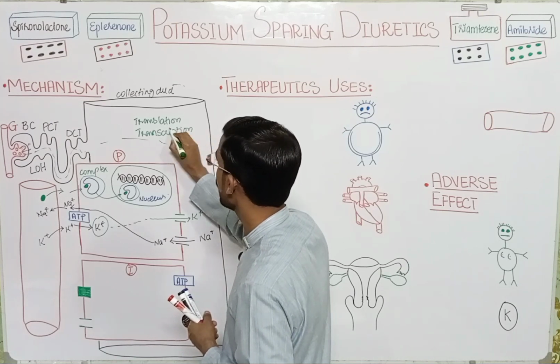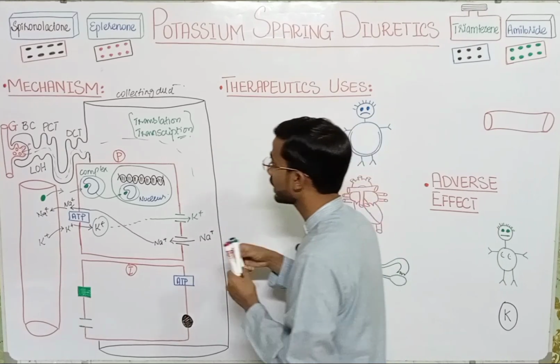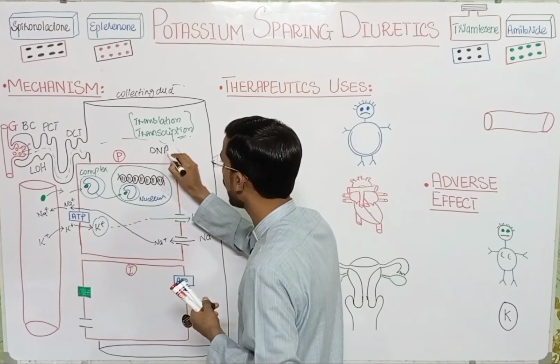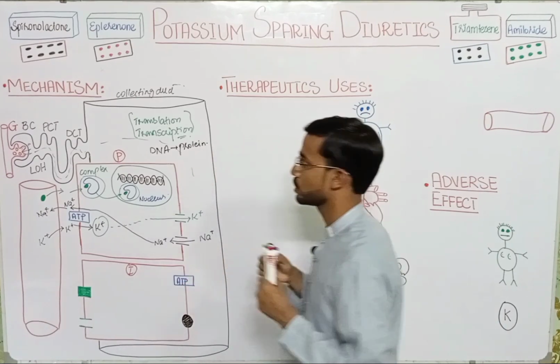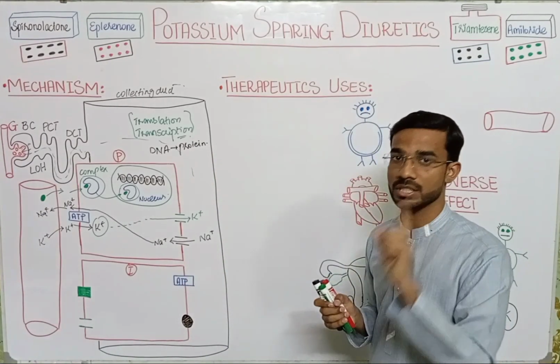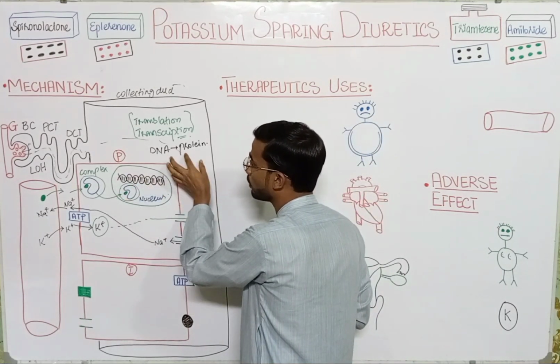These are the two processes through which the DNA is ultimately converted into protein. So through the transcription and translation process, DNA can form the protein.